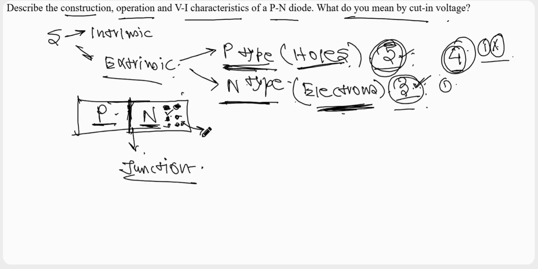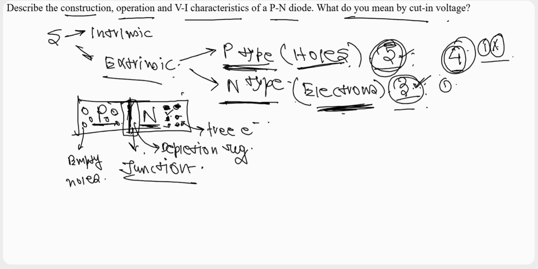These are all free electrons, and in the P-type material there will be holes. These are all empty holes, and beside this junction there is a depletion region.